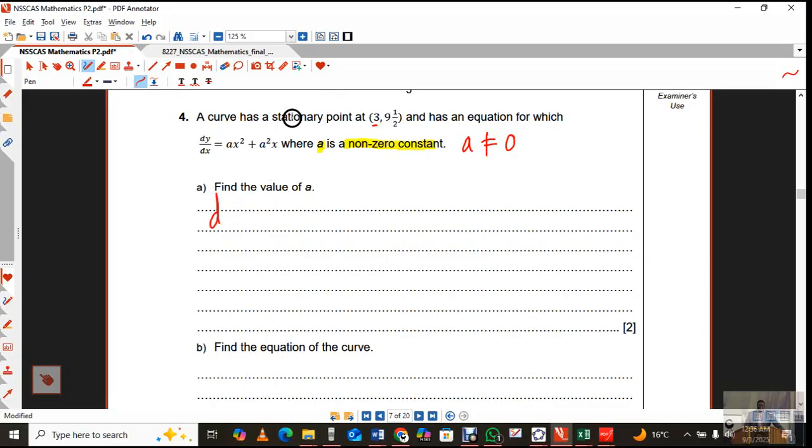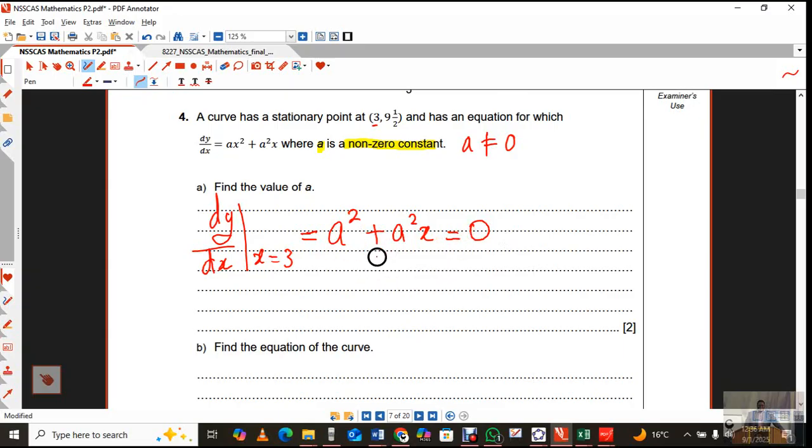because a stationary point means dy/dx at this point, x is equal to 3, dy/dx is going to be 0. So I have a x squared plus a squared x, and that should give you 0.